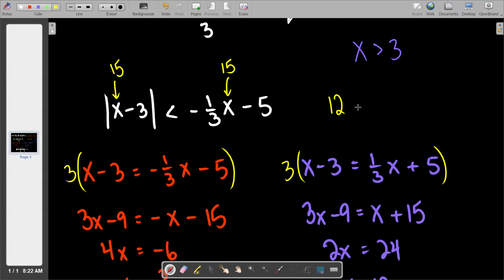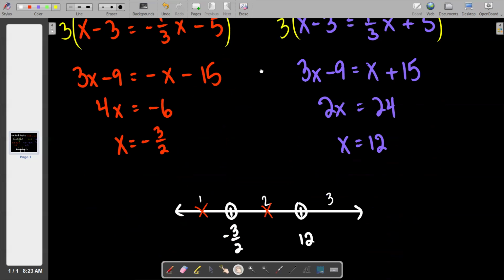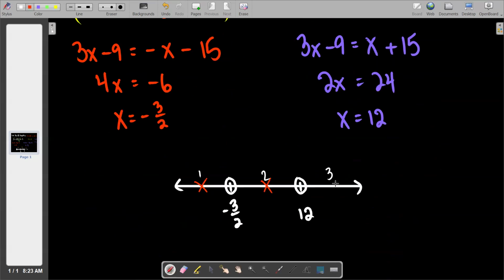So we're waiting to see 12 is less than what? What's negative 1/3 times 15 right here? Negative 5. And what's negative 5 minus 5? Is 12 less than negative 10? It is not. So what we just found is a nice visual example of one that has no solution.